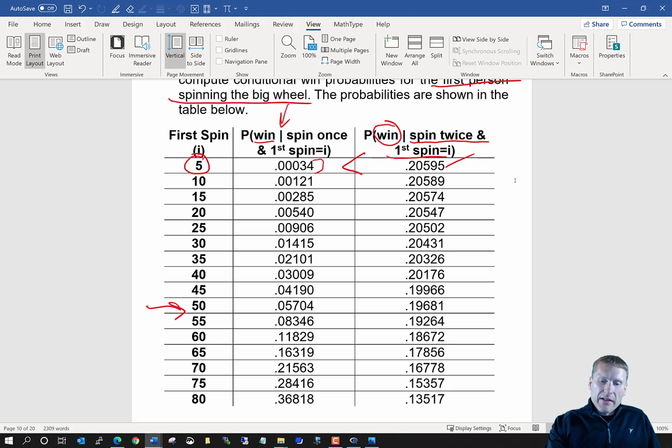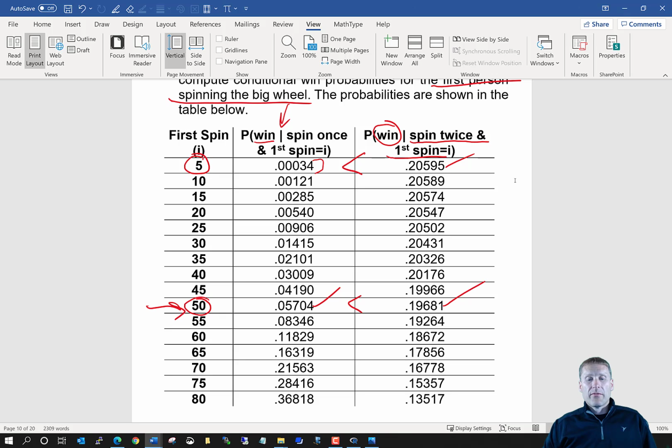Given that they got 50 cents on that first spin, and they decided to only spin once, the probability of winning is only 0.0574. Why? Well, remember there are 2 other contestants that still have to spin. But if they took that second spin, now the probability is 0.19681. So again, the optimal strategy is to take that second spin if you started with 50 cents on that first spin.